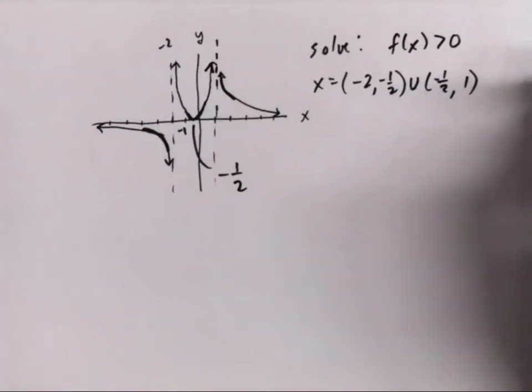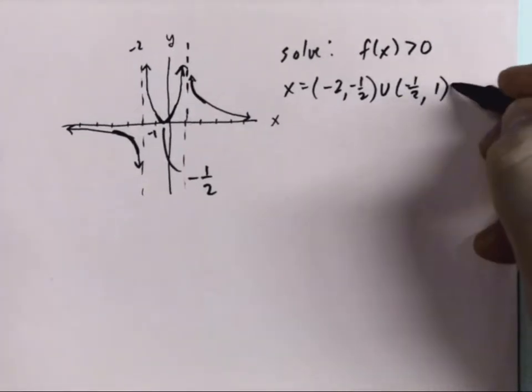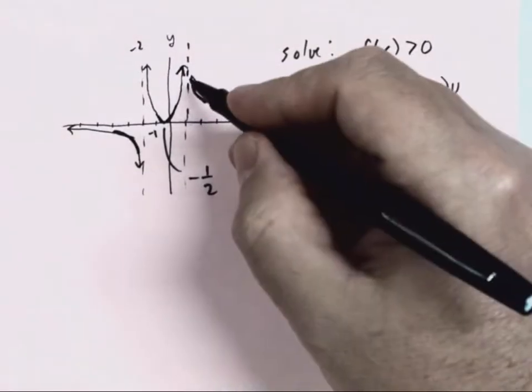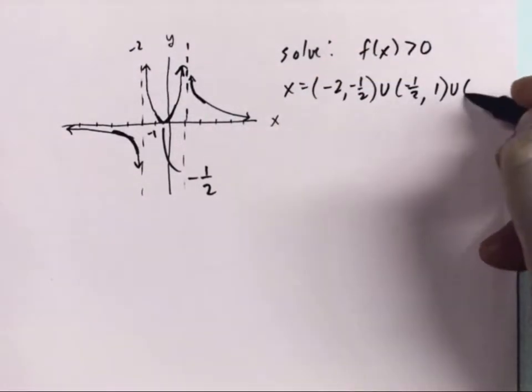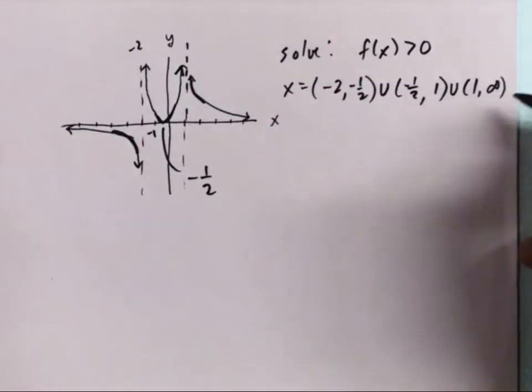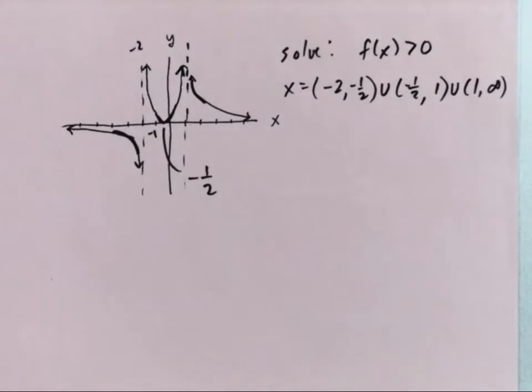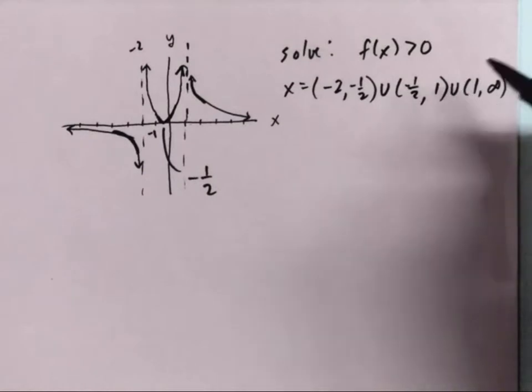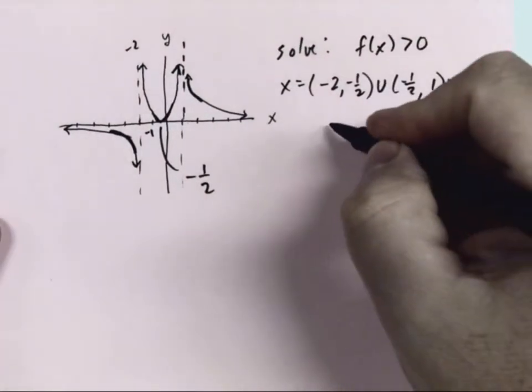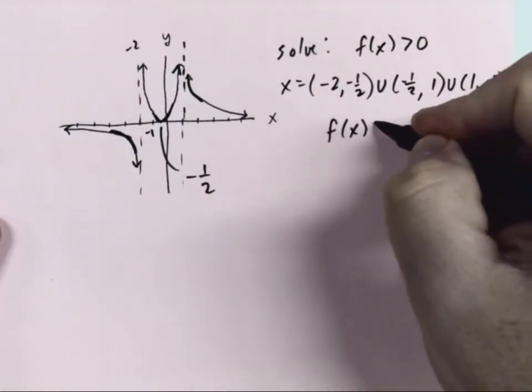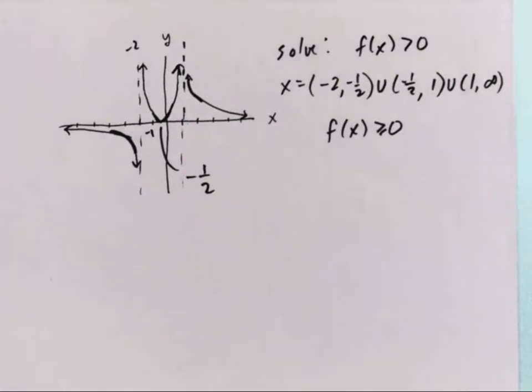And then there's one more positive region. It starts at 1 and goes to infinity. So there are actually three regions. Now it's interesting. What if they had asked for where the function is greater than or equal to 0?